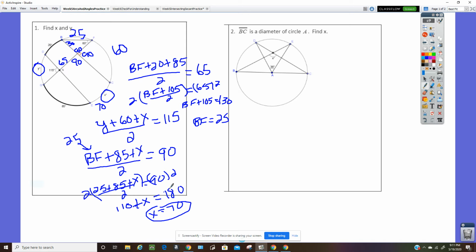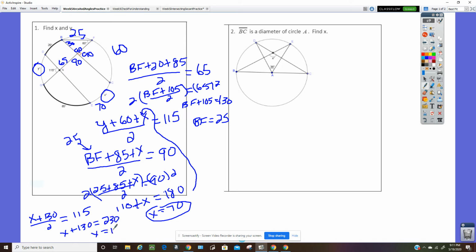And then plugging in the 70 up here, you have x plus 130 over 2 is 115. So x plus 130 is equal to 230.